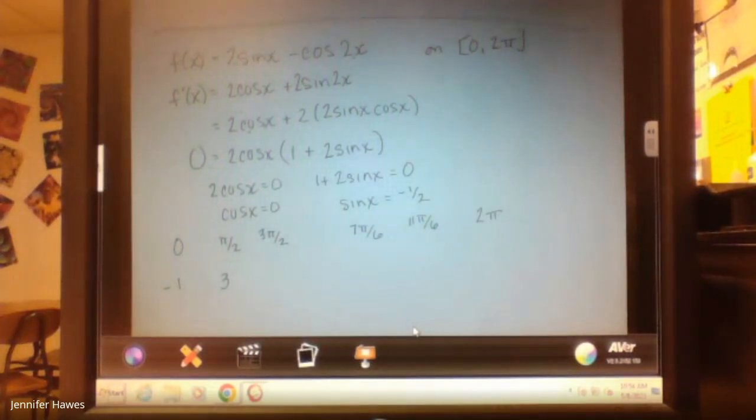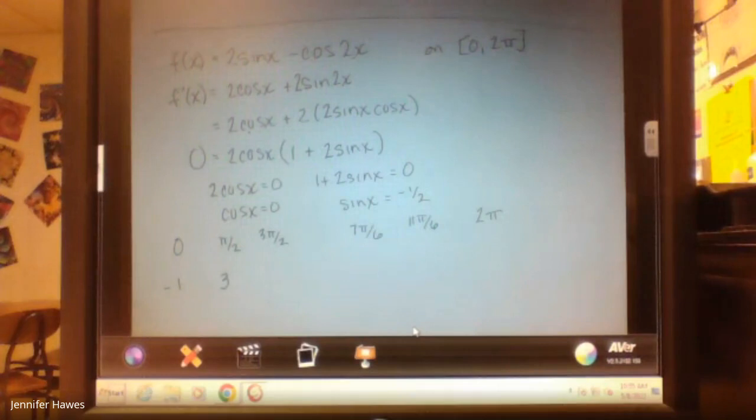Yeah. Is 11 pi over 6 also? They got negative 1.5 on 7 pi over 6 and 11 pi over 6. What's 3 pi over 2 then? Negative 1. Oh, I believe negative 1.5.